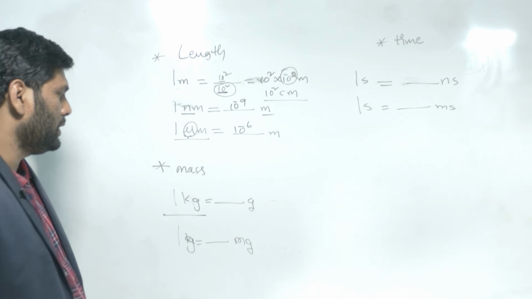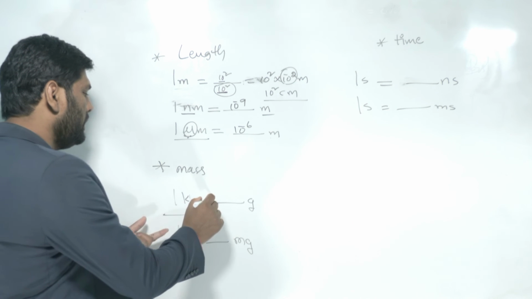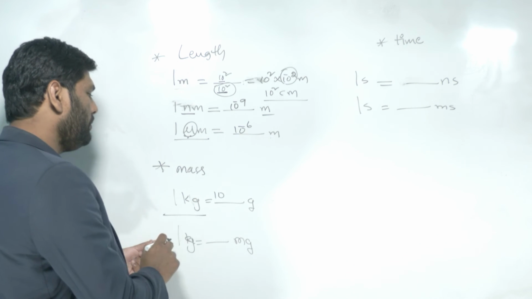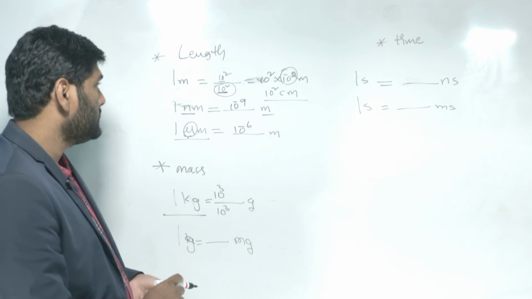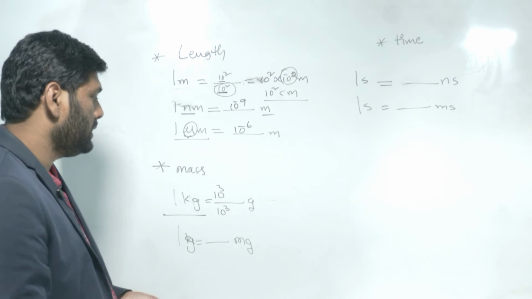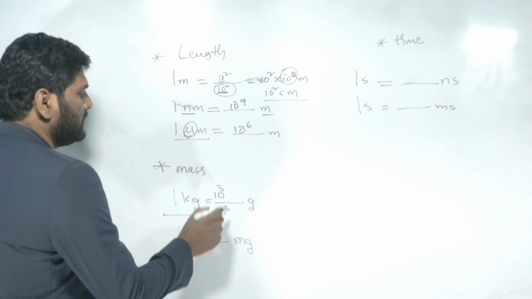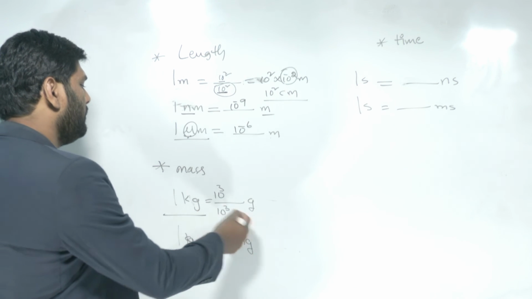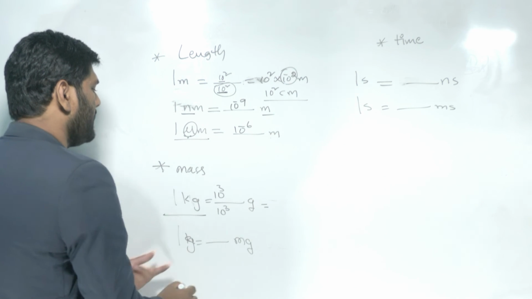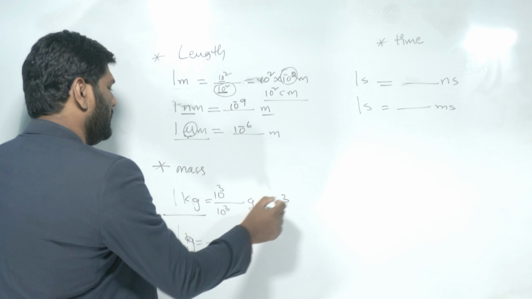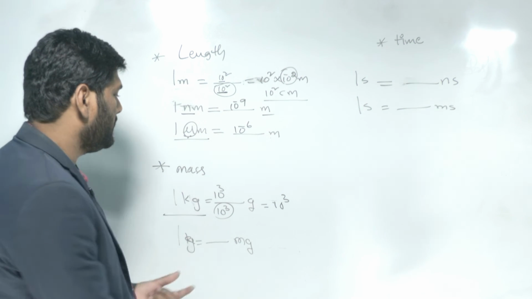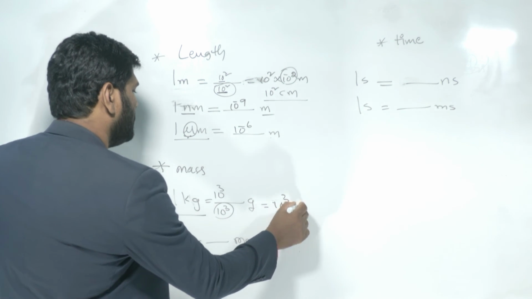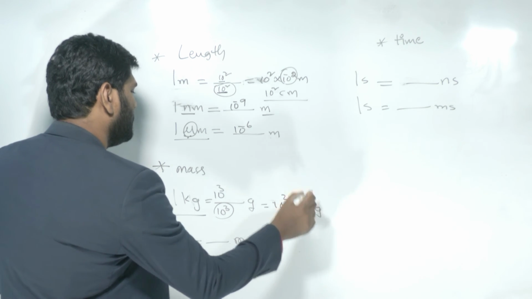Coming to the kilogram. Look here, kilo means 10 power 3, isn't it? So 10 power 3 I can express as 10 power 3, but 10 power 3 in the denominator I can represent as 10 power minus 3 grams.